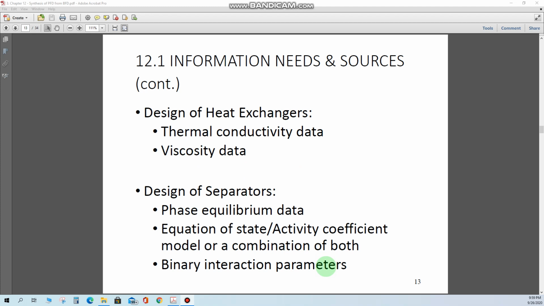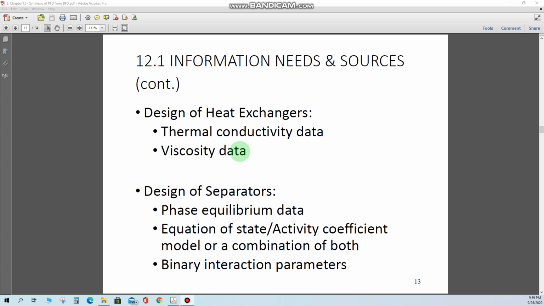Now comes the part for the design of the heat exchanger. So when you're designing any heat exchanger, then you should have information about the thermal conductivity data that mainly includes the heat transfer coefficients, and then you should have the information on the viscosity data, so you can study about the boundary layer formation and the boundary layer thickness that we studied in the CHA204 course already.